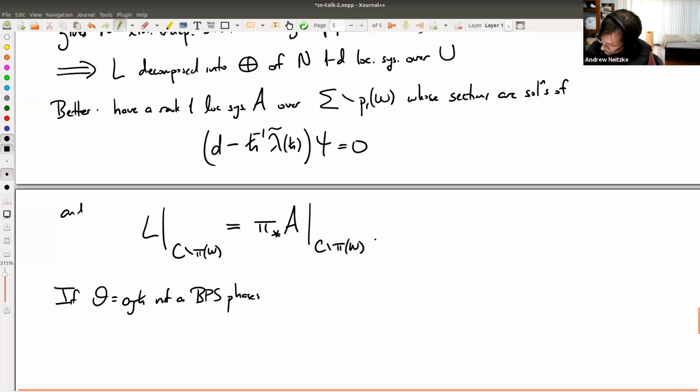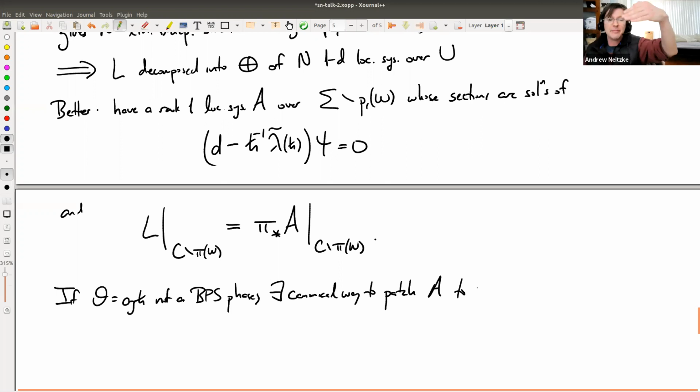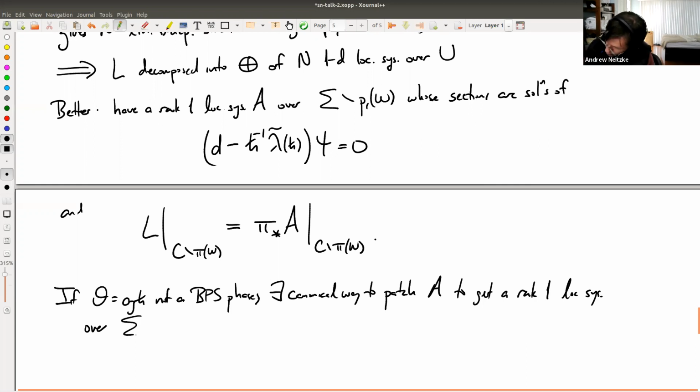Not a BPS phase. Then there's a canonical way to patch A to get a local system. So a priori it was only over the complements of some walls, but you can actually patch it across the walls. So to get a rank 1 local system, which is over the whole of sigma minus the ramification. So literally everywhere except the ramification locus.